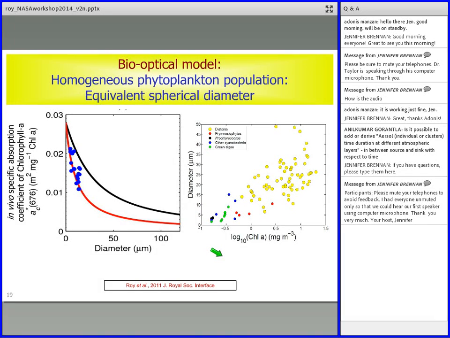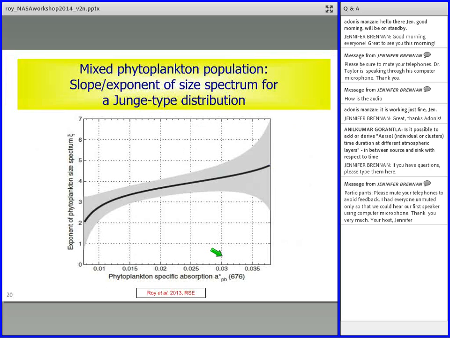Now, this model can be extended to the case when we consider phytoplankton as a mixed population, and assuming that they follow a specific size distribution, in this case a Junge-type distribution, that homogeneous model can be extended to compute the exponent of the phytoplankton size spectrum, which is xi.